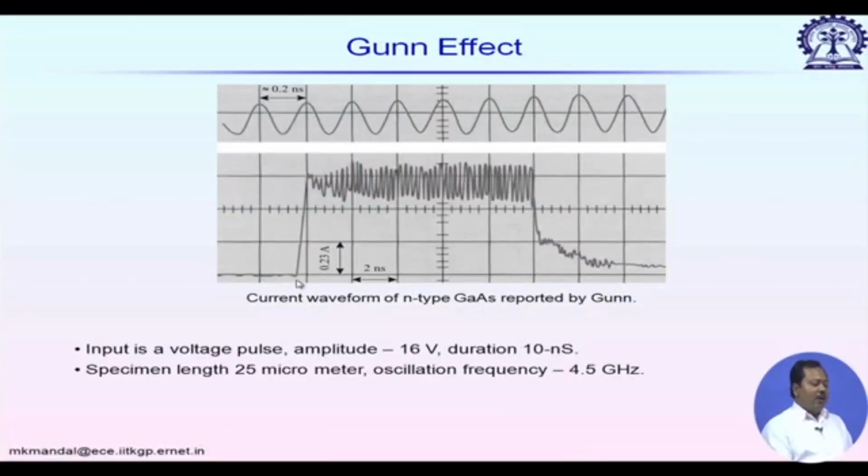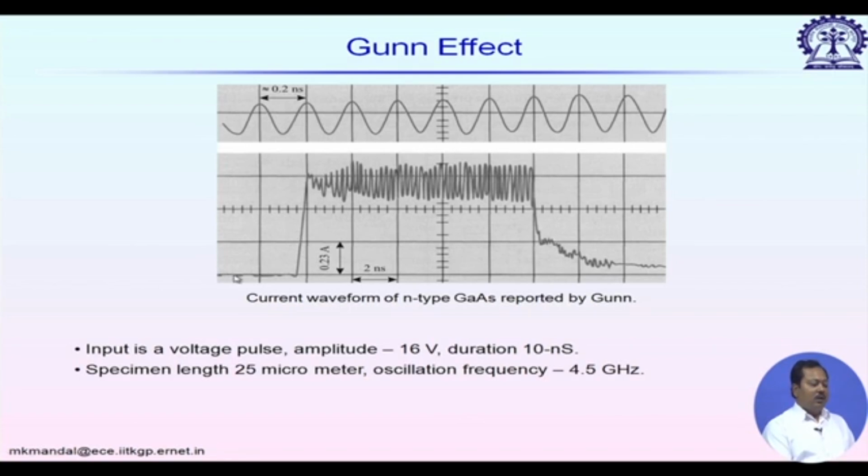He sent one square wave of amplitude 16 volt through a gallium arsenide sample, and on time was 10 nanosecond. That means it belongs to megahertz, and at the output you can see some noise like signal superimposed on the given signal. If we zoom in on this noise part, it looks like a very good sinusoidal signal with a time period of 0.2 nanosecond, that belongs to microwave frequencies.